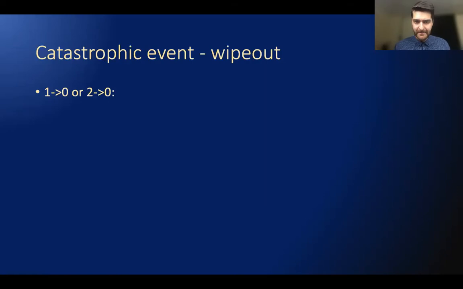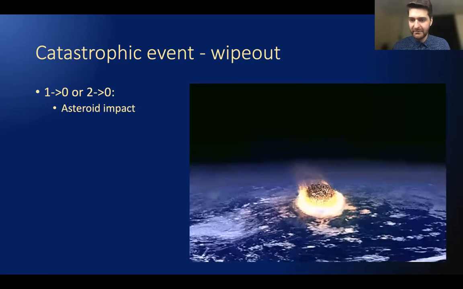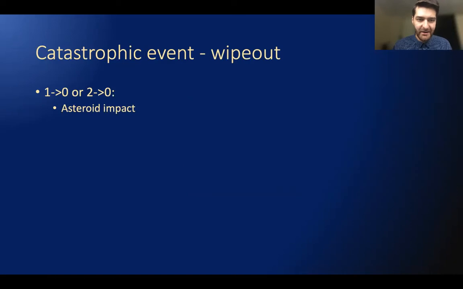So what these catastrophic events would be, you go from simple life to no life, or from complex life to no life, which would be some sort of wipeout. You can have asteroid impact. So regardless of what we do on the planet, an asteroid could hit a planet and make this disaster. Then, I mean, it already happened.